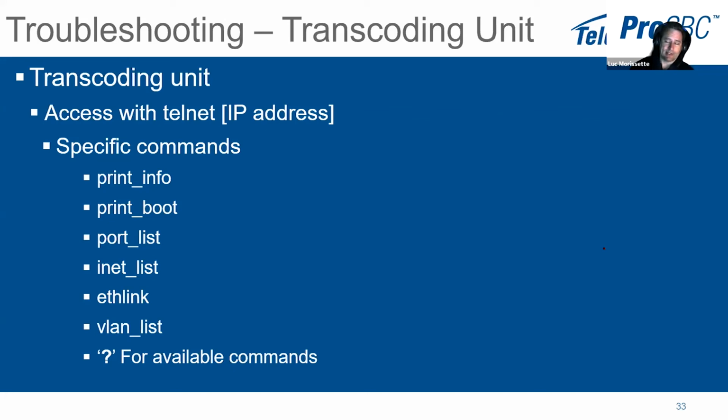So it's not using SSH, it's using telnet. And there's a few commands like print info will tell you how many devices are available on that particular transcoding unit. Print boot will tell you which version it's booting on, and you can get other information about the network interfaces there. But most likely you will never have to use these type of commands on the transcoding devices.